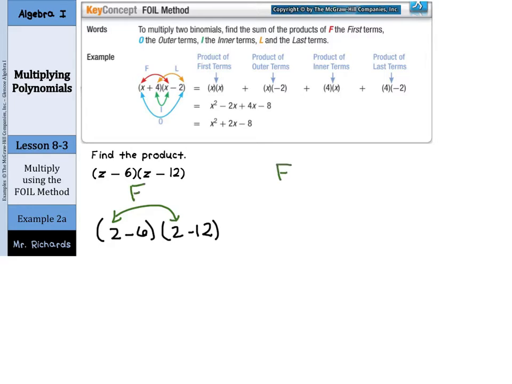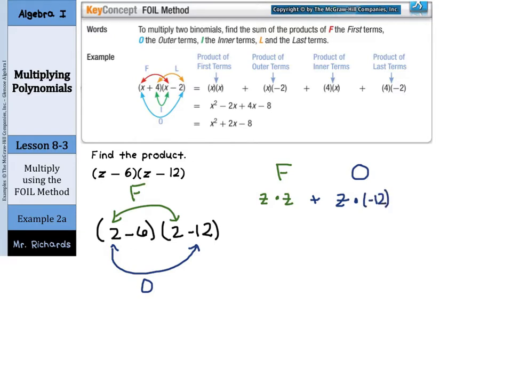So for our F, we're going to have z times z. And then we do our outer, and our outer is the z times the negative 12. That's our outer, so we'll write that plus z times negative 12.